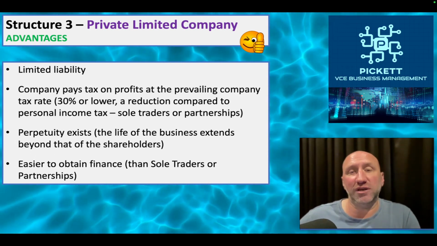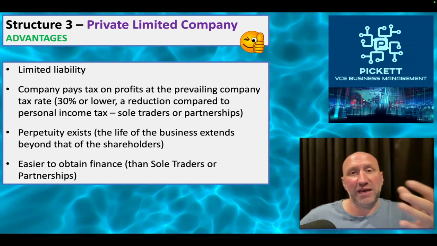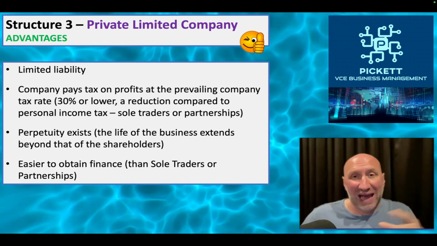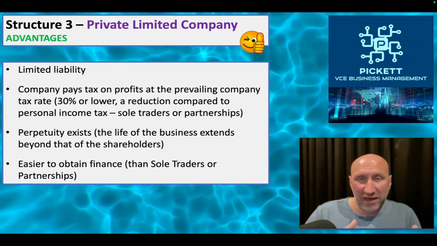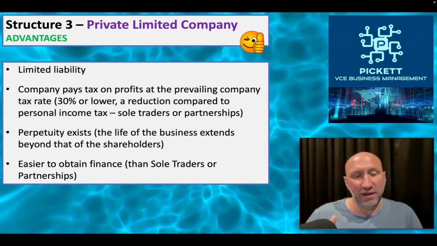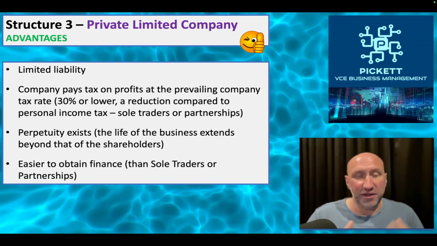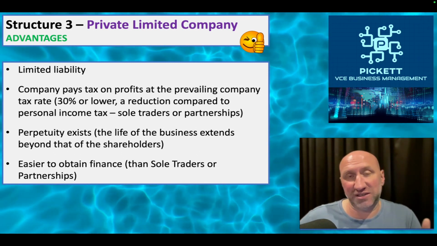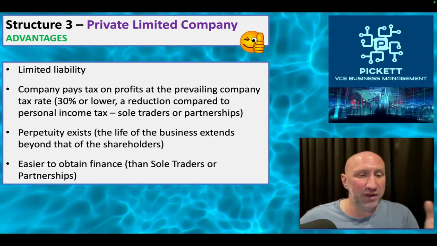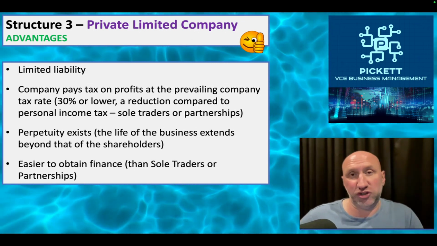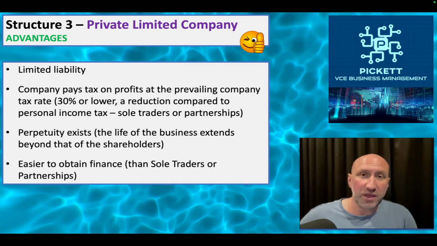Sole traders and partnerships, the owners pay tax on the profits made as income tax. Now, income tax, particularly when you start talking about earning a lot more money, income tax rates are higher than company tax. So one reason that you might want to set yourself up fairly early on as a private limited company as opposed to a sole trader is to reduce your tax burden.